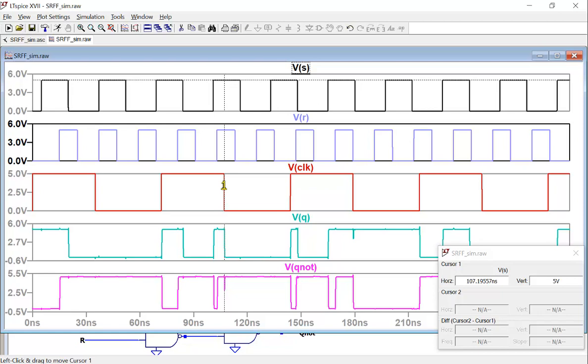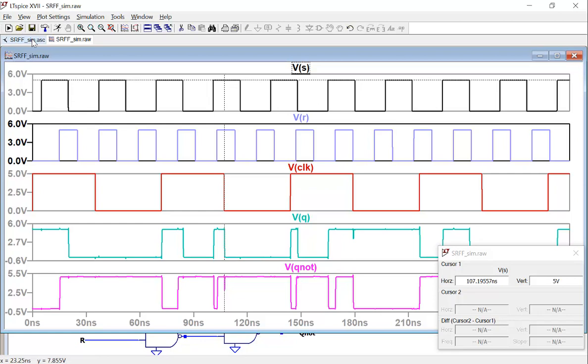Okay? So what's next? What's happening next? Clock becomes 0, but S and R are still 1. But why is Q not memorizing the previous result? What's happening here?